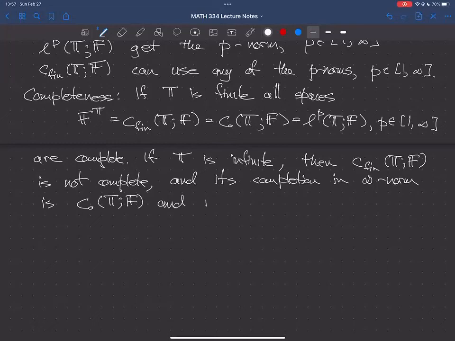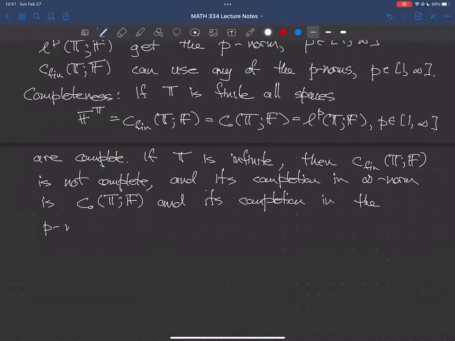And its completion in the p norm, where we take p from 1 to infinity, not including infinity, is obviously little L^p.